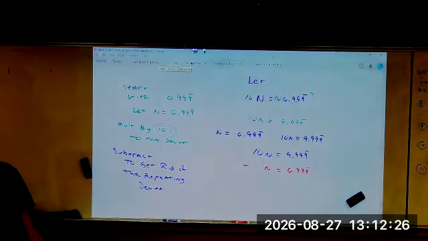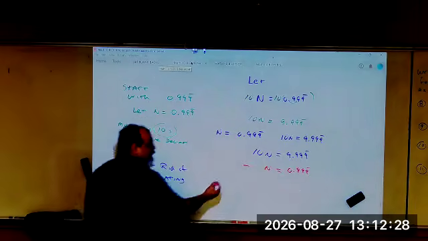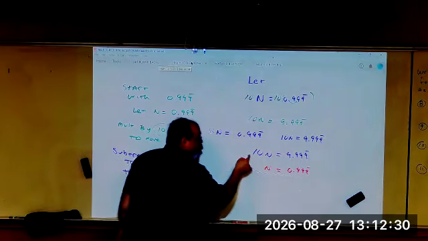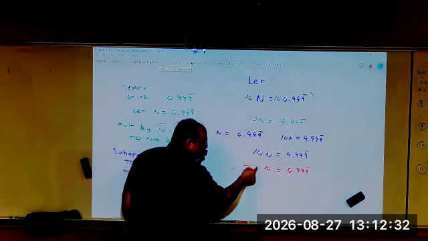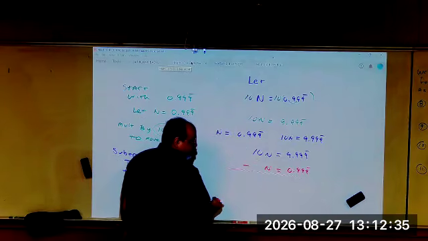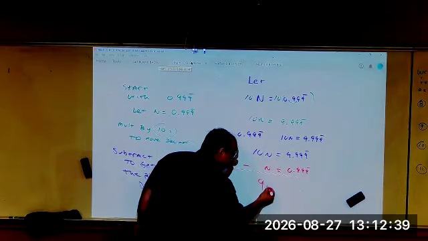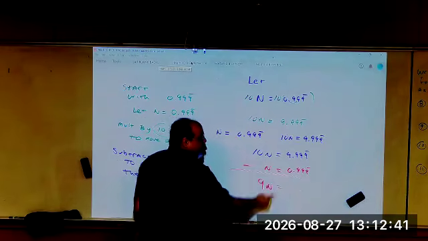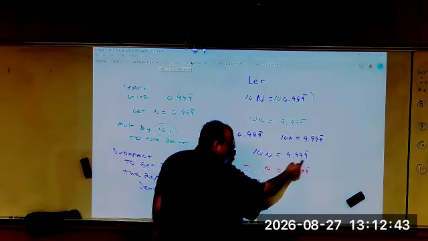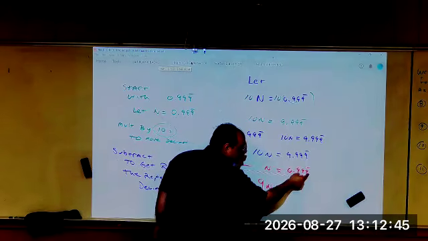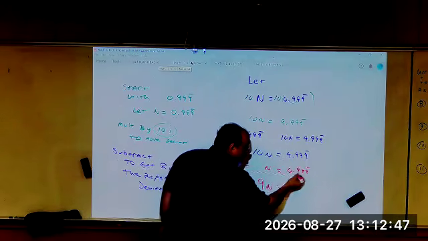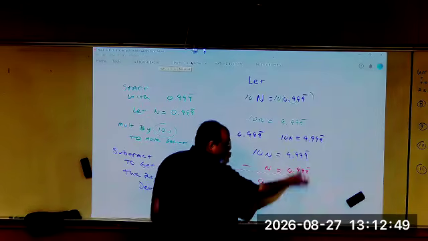Everybody okay? So when I do that subtraction, what's 10n minus 1n? 9n. 9.9 repeating minus the 0.9 repeating. So the 0.9 repeating is gone. It's 0.